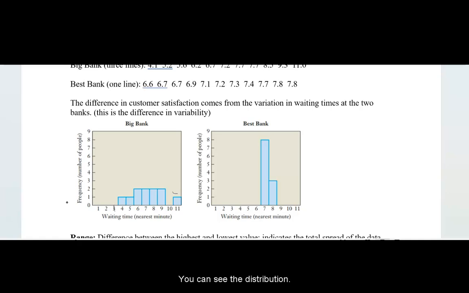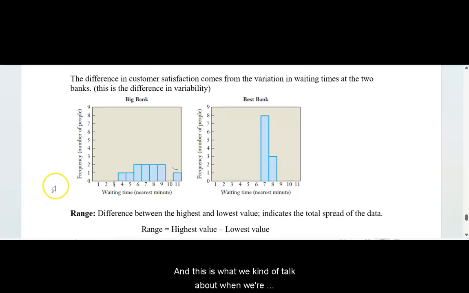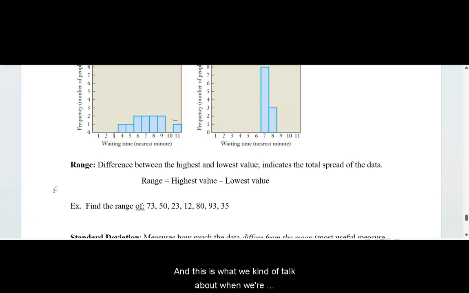You can see the distribution. This has a bigger spread of times, whereas this has a smaller spread. They're all within a certain amount of time, closer together. Whereas with this one, you could wait anywhere from 3 and something, all the way up to over 11 minutes. And this is what we talk about when we're talking about the spread of the data.